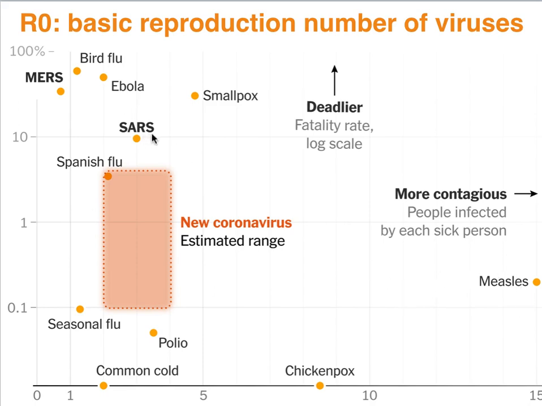And if you compare that to SARS and MERS, SARS had around the same R0, but seems to be more deadly, but I'm not quite sure if that still is true. MERS was, and is, far more deadly, but had an R0 smaller than 1, and that's why the epidemic could be contained much more easily.